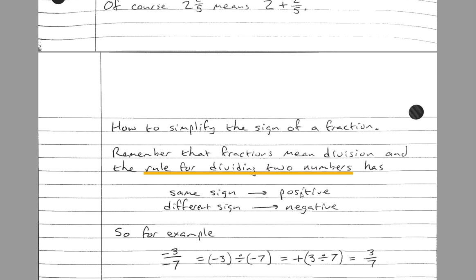So the whole fraction is positive. But if your fraction has two numbers with different signs, then the whole fraction is negative. You're dividing a positive by a negative or negative by a positive. The answer is negative.